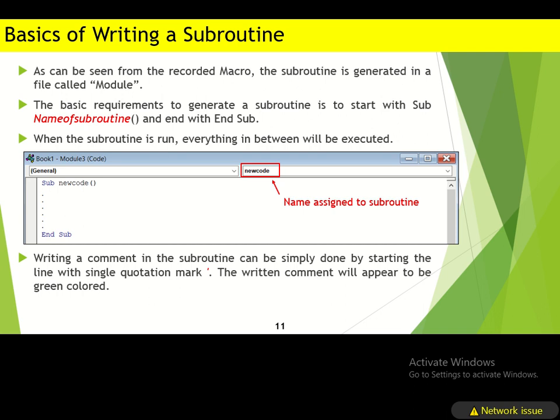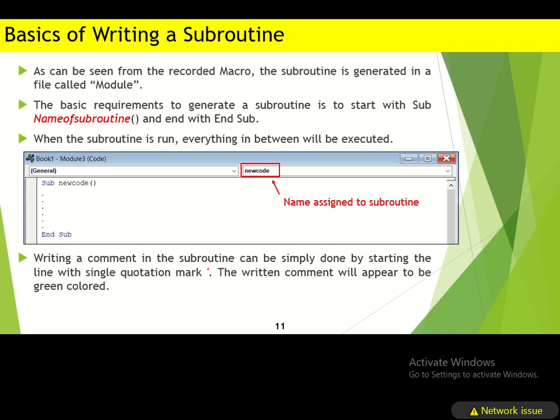Now pay attention. Each subroutine has a start and an end. The start of a subroutine is always Sub. A new set of instructions, a new macro, should always start with Sub.